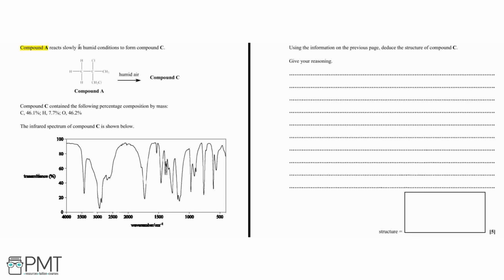Compound A reacts slowly in humid conditions to form compound C. We are told that compound C contains the following percentage composition by mass: 46.1% carbon, 7.7% hydrogen, and 46.2% oxygen. We are also given an infrared spectrum of our compound C, which is shown here.